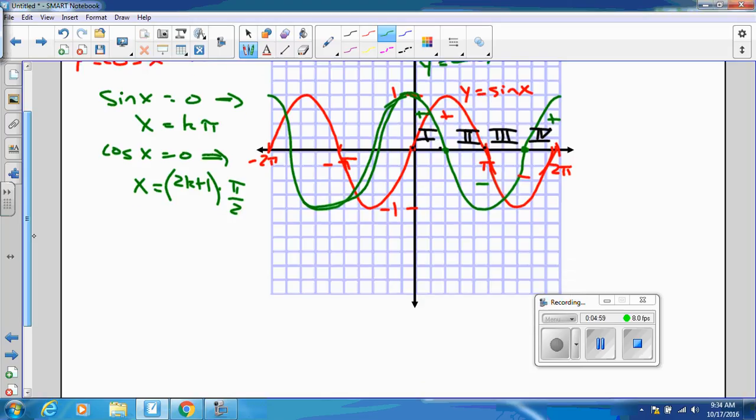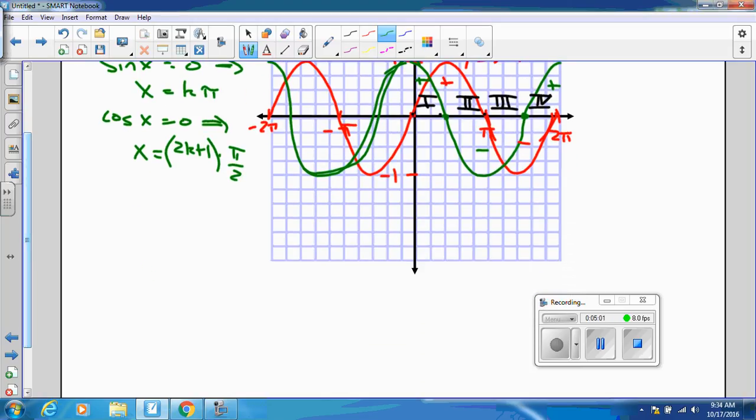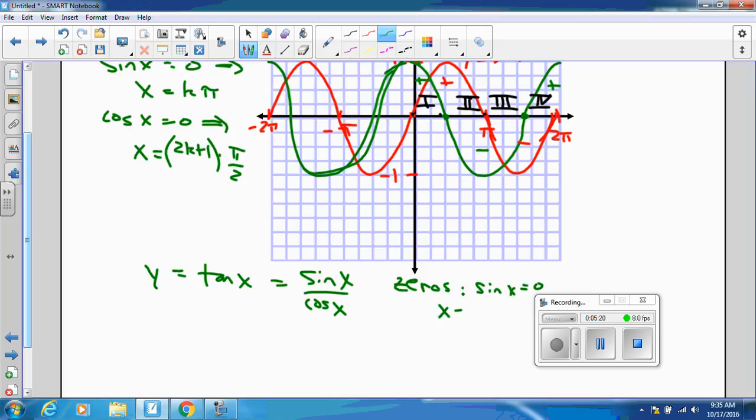This is all the information that we need to construct the graphs of tangent, cotangent, secant, and cosecant. And here's how. If I write tan x equals sine x over cosine x, then I observe that it will have zeros where sine is 0, and it will have asymptotes where cosine is 0.